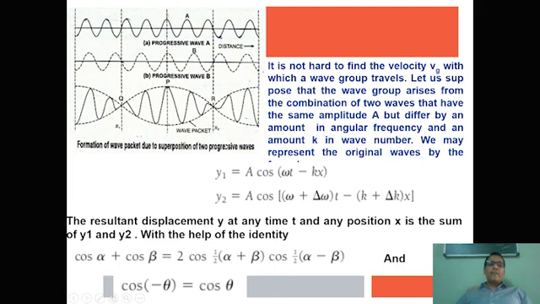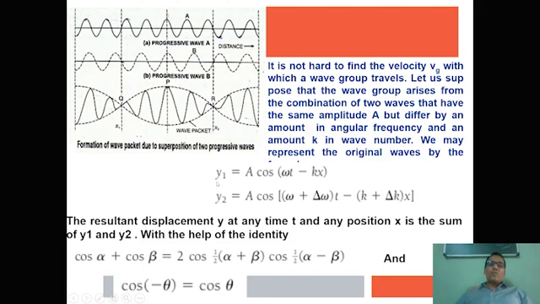Mathematically, let us take the first wave as y1 equal to A cos(omega t minus kx). The second wave has a different angular frequency as well as a different wavelength, so it can be represented as y2 equal to A cos of (omega plus delta omega) t minus (k plus delta k) x.